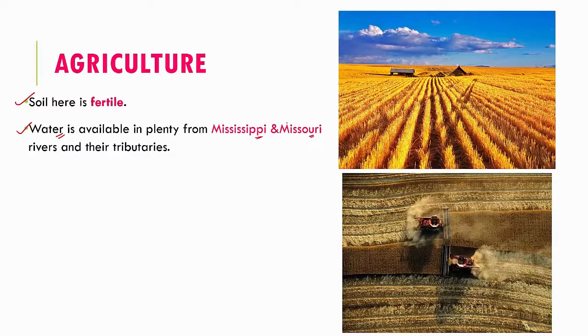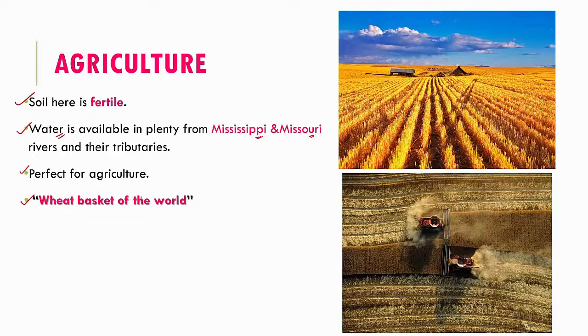These two rivers help in irrigating the land so that plants can grow. Because of this the land is perfect for agriculture, as there is fertile soil and water, and they grow a lot of wheat. This region produces so much wheat that it is called the wheat basket of the world.